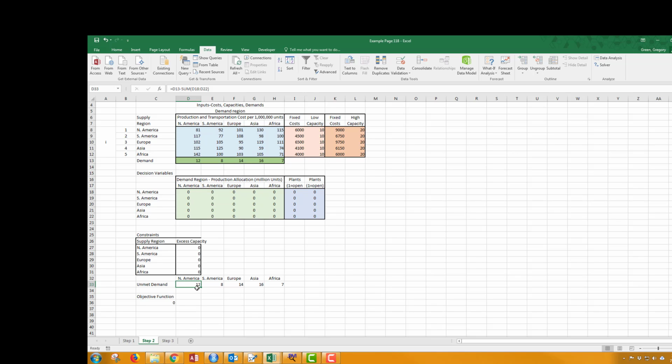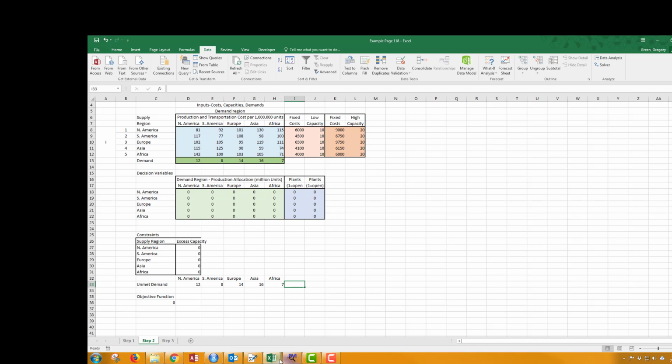But the constraint says that when I'm done, this number that's now 12 should be 0. Now if I put that in correctly, I should be able to copy that formula across all markets, and I want to check it. So I'm going to push F2. Notice that that's 12 minus the sum across all production. I'm going to move over to the next one. That's 8 minus the sum of all production in South America, across all plants. And I could just keep going to make sure that I've hit all of the 5 constraints.